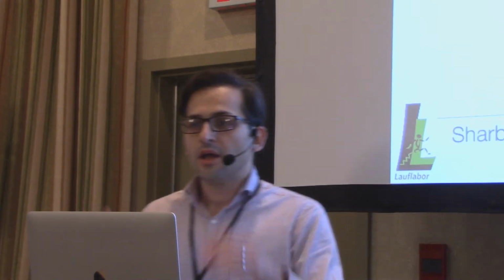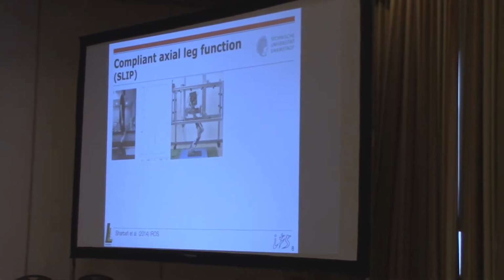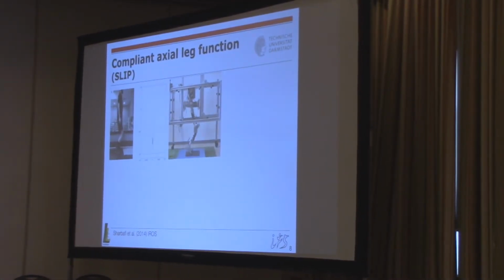The first one is the stance sub-function, and we all heard a lot about the template models like SLIP. You see that with the SLIP model, we can explain human hopping, we can generate some legged robots, and it is a good model for the stance sub-function.